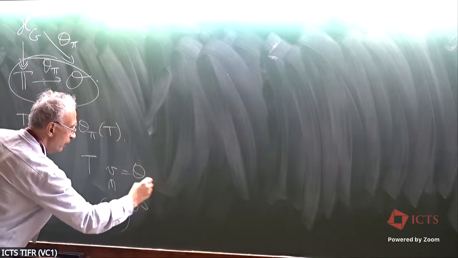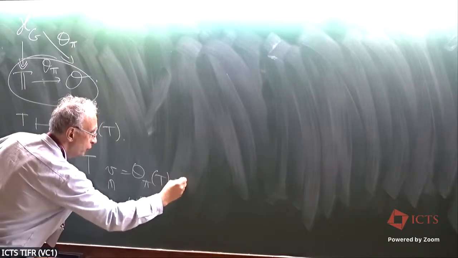This is given by theta pi of t v. But this action factors through this Hecke algebra, which is defined to act faithfully on the cohomology. This one acts faithfully on the cohomology, and it is very small.